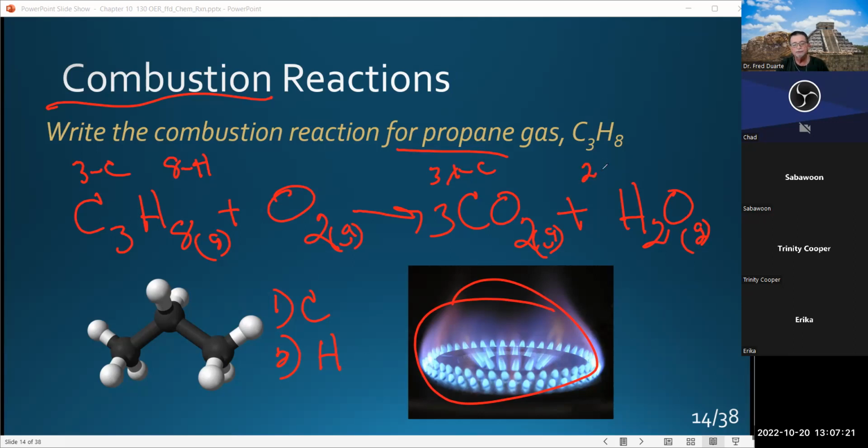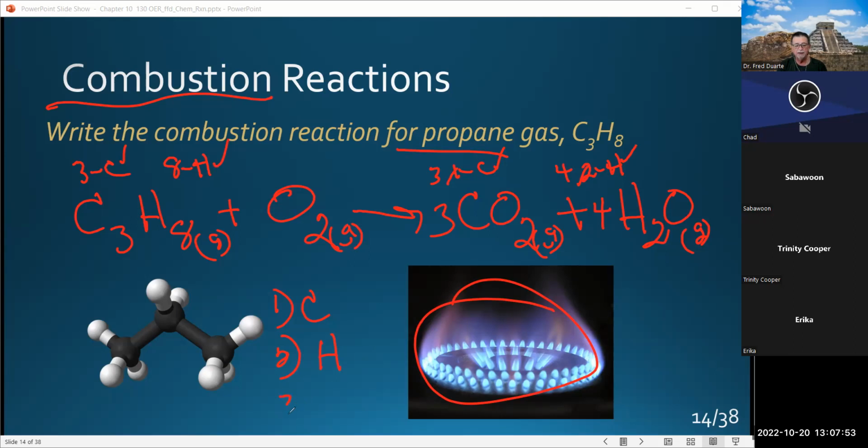So 9 times out of 10, it's a real simple thing of adding a half of the hydrogens of the reactant side to the coefficient on the product side of water. So if we put a 4 in front of water as a coefficient, that gives us 8 hydrogens. So now the hydrogens are balanced, carbon is balanced, okay, we're good to go.